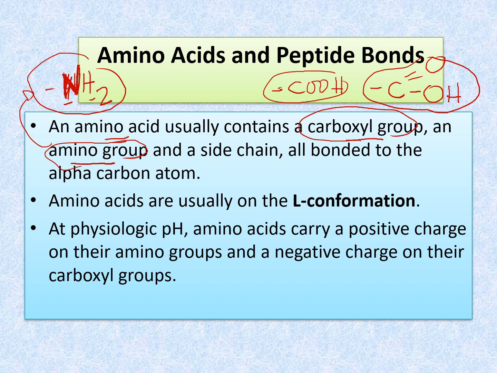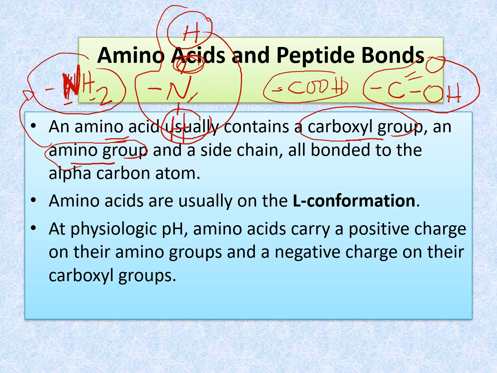You can also write the amino group in its expanded form. You can just write the nitrogen atom and attach it to one hydrogen atom, and the same nitrogen atom is attached to another hydrogen atom. So you have one nitrogen atom attached to two hydrogen atoms using single bonds. These are the two ways on how to write the amino group.